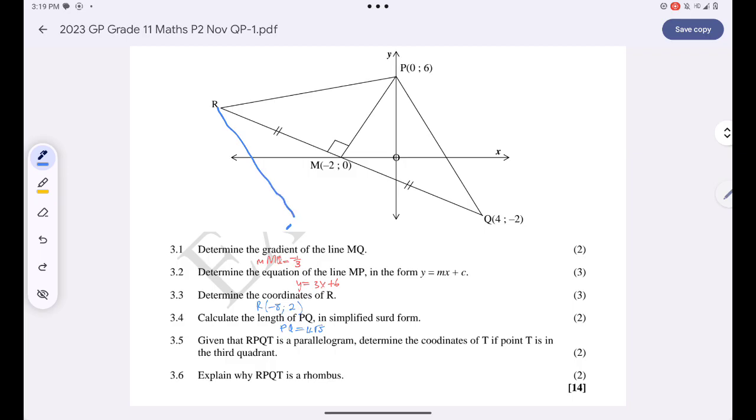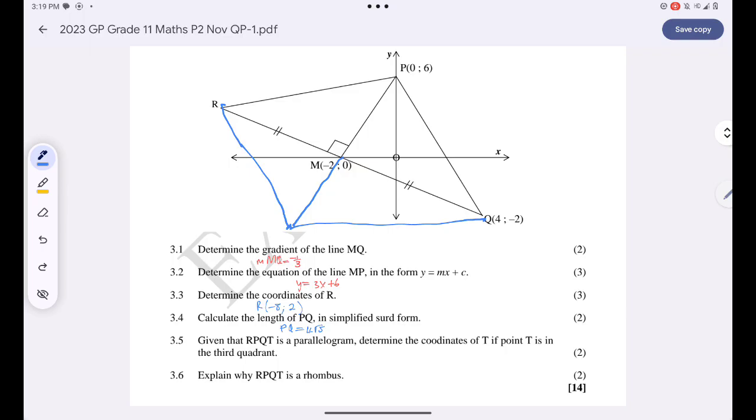It has to be like this. Let me extend my diagonal first. Look at this. Okay, remember that, guys.